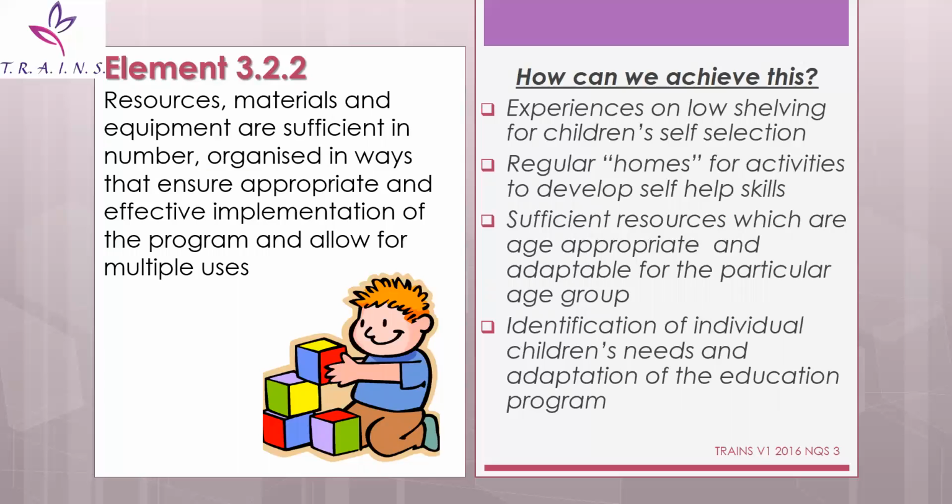We need to provide experiences and resources that appeal to the range of learning styles: visual, auditory, and kinesthetic. We must also consider how this is going to affect our play spaces and physical environment. What do I need to do to make sure I am catering to all children?